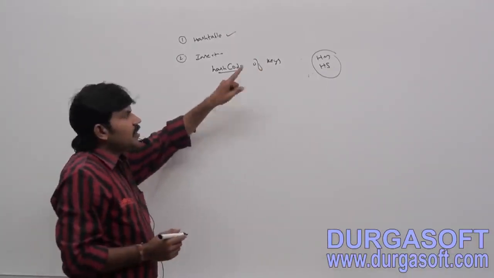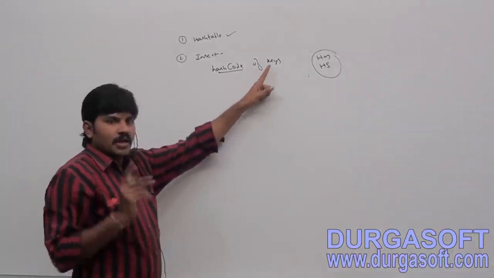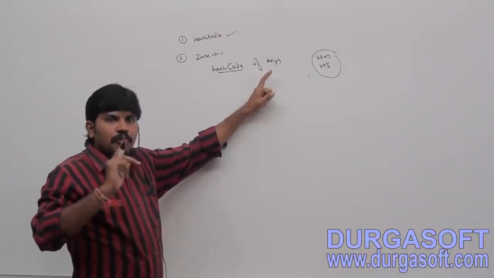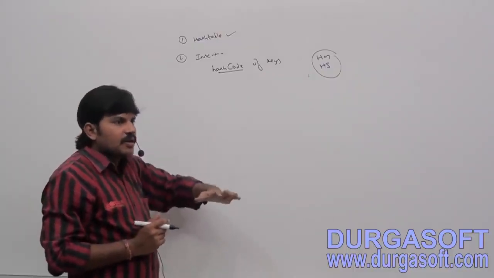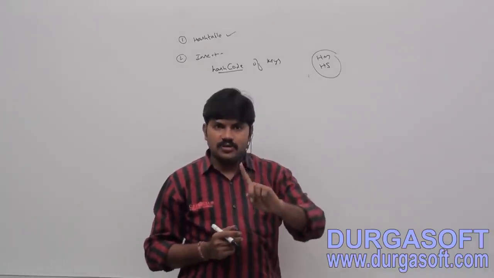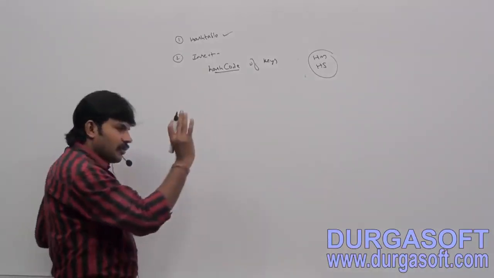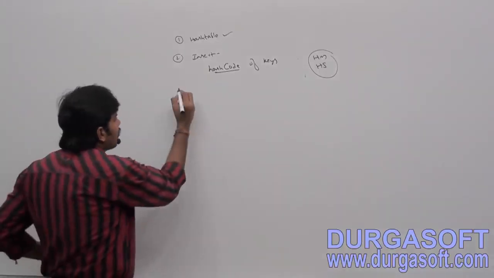But how the hash code plays its role, I will show at memory level also, so that you can be aware of internally how the data is stored based on hash code. That internal structure I will explain for you. Not only the theoretical point, I will explain one program so that you will get more clarity.